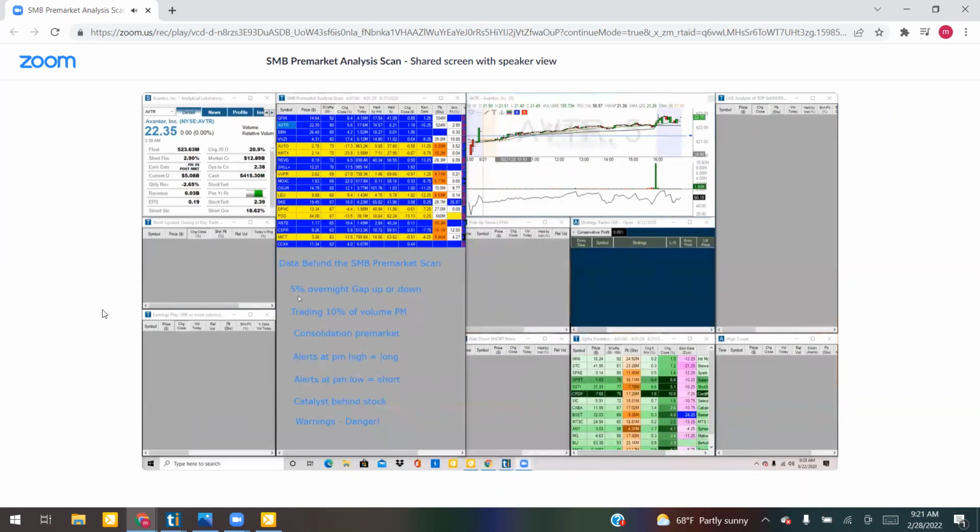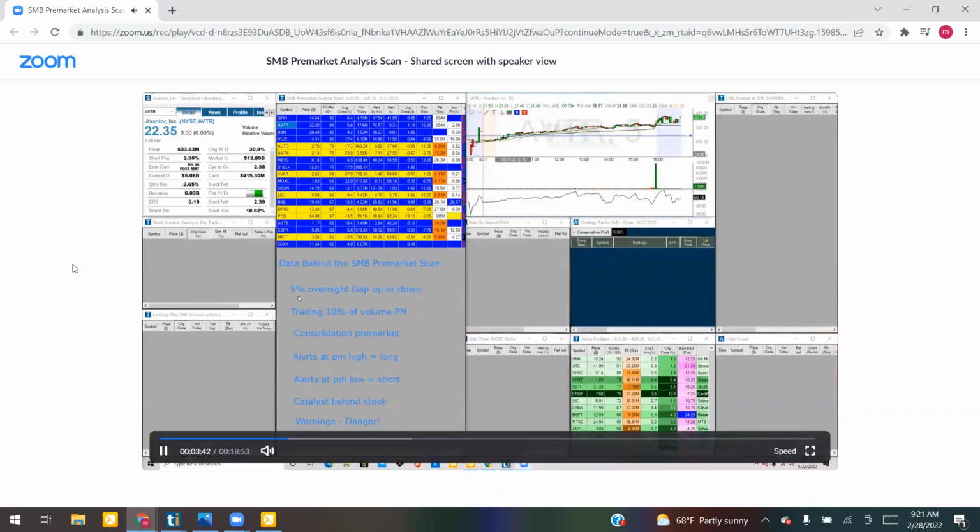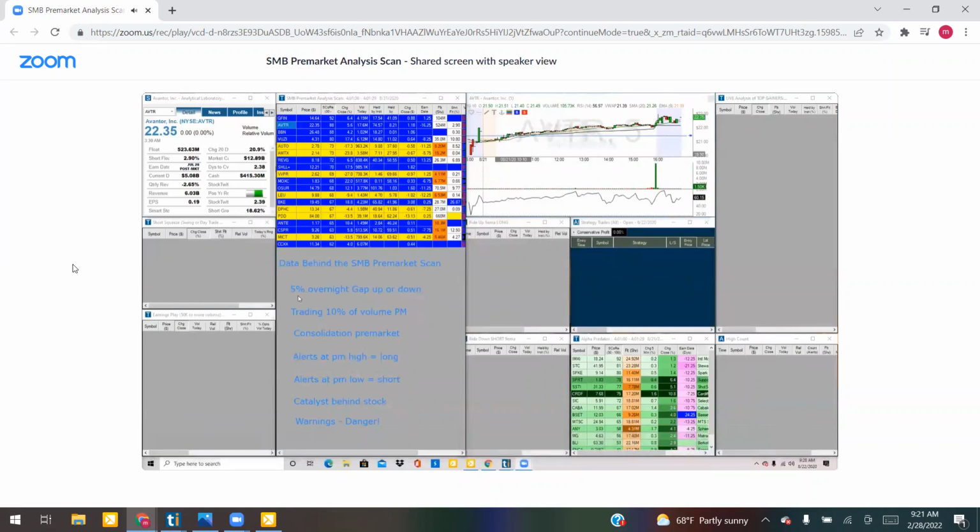So we're looking at stocks that are gapping up 5% or gapping down 5% overnight. This is a key. We're looking for stocks trading 10% of their daily average volume pre-market. Most of these we use a filter of 500,000 shares traded during the day.